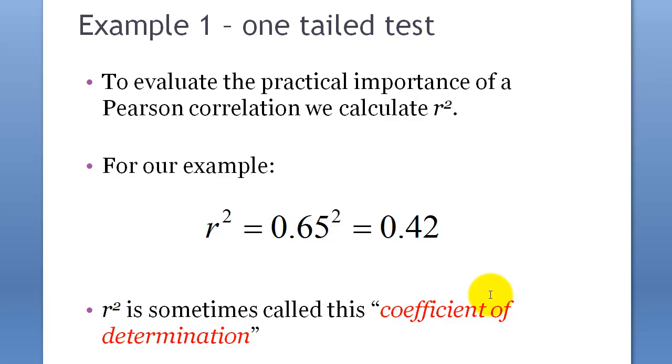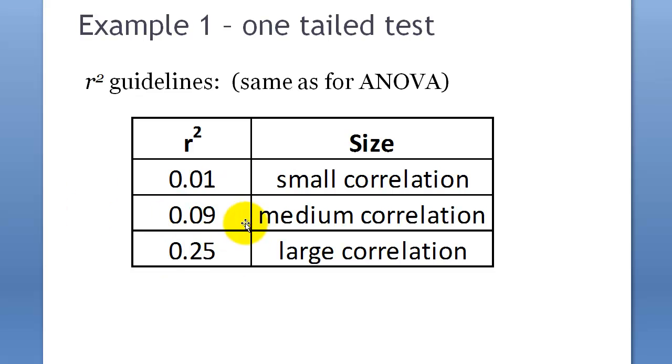It's the effect size equivalent in correlation. So R squared would be 0.42, and this is a guideline. So in this case, it's a large correlation.